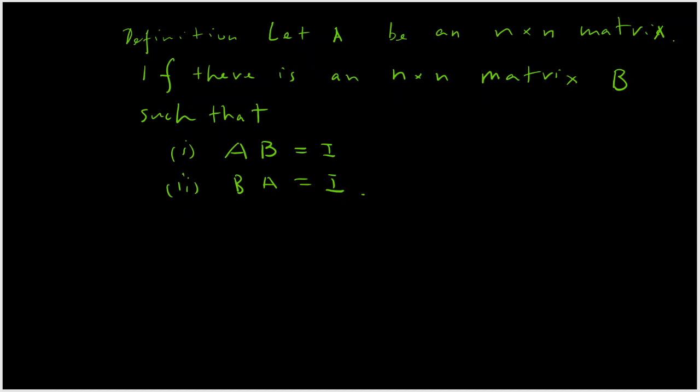If the two conditions are satisfied, then we say A is invertible. Or you can say A is invertible. Okay.